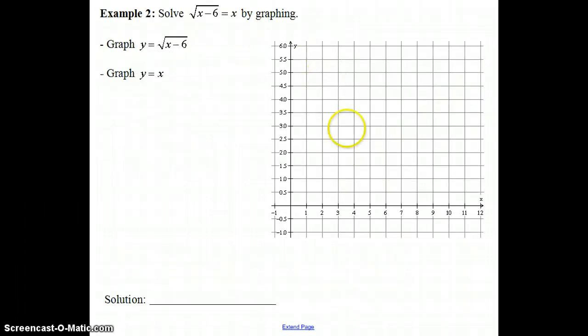Alright, so here's another one for us. We have a radical function that is shifted right 6 units, so it starts here, and we're going to go up 1 over 1, and so on.